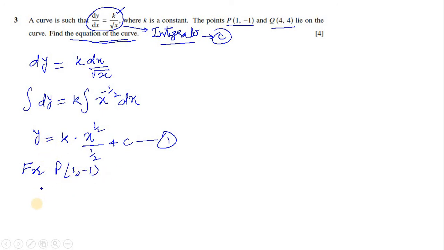So you can substitute here: minus 1 is equal to k, x is 1, so 1 to the power half divided by half, and this 2 goes up and becomes 2k, plus c. So finally you have the equation 2k plus c is equal to minus 1.